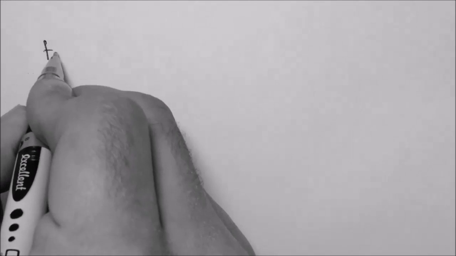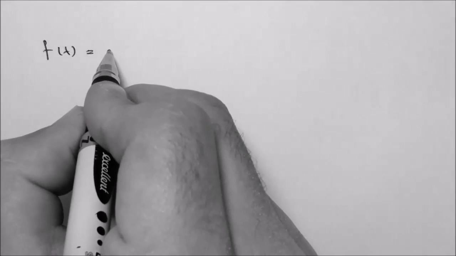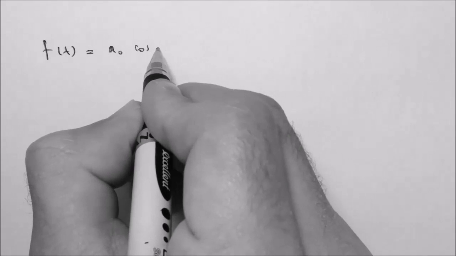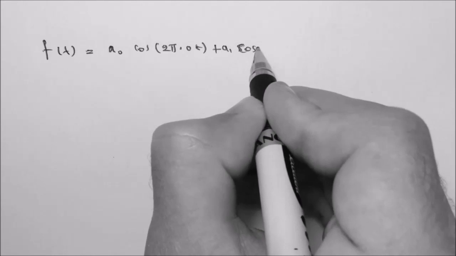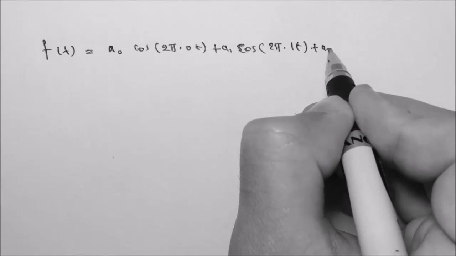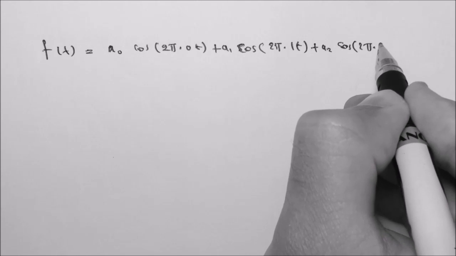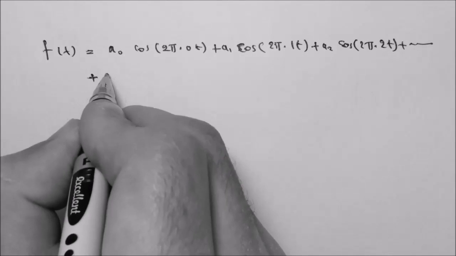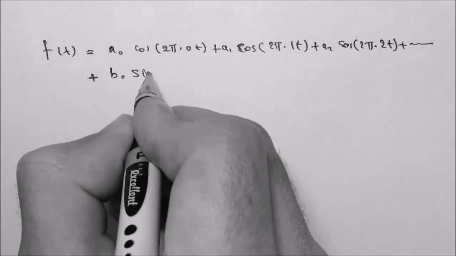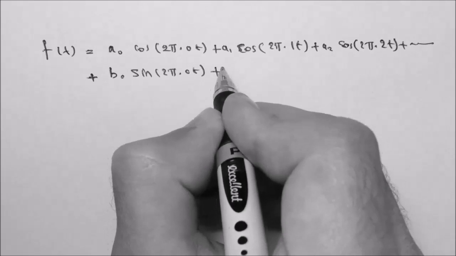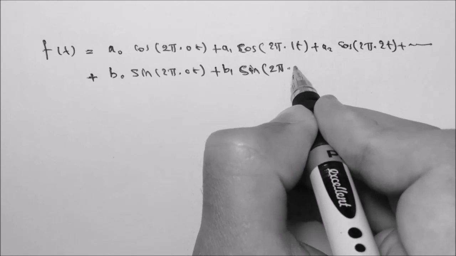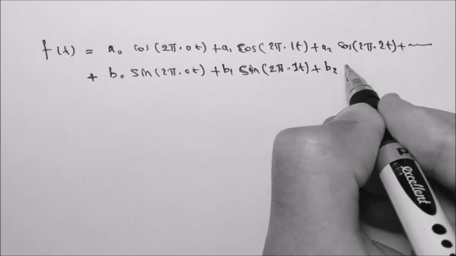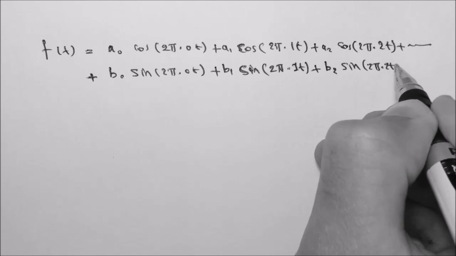So we assumed as generalization that f(t), which is a periodic function that has a duration of 1 second, equals a0 cosine 2π times 0t plus a1 times cosine 2π times 1t plus a2 cosine 2π times 2t and so on, plus b0 times sine 2π times 0t plus b1, the coefficient of the second sinusoidal component, sine 2π times 1t plus b2 sine 2π times 2t and so on.